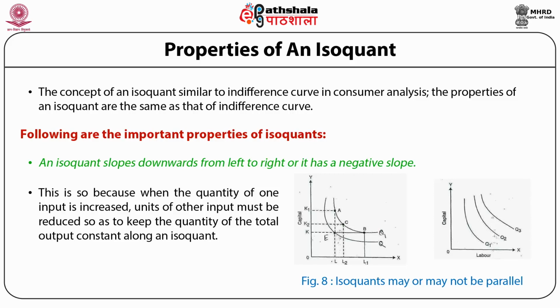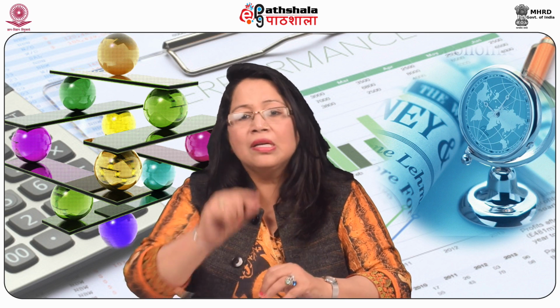Isoquants may or may not be parallel. Two isoquants cannot intersect each other. If they intersect, as shown in figure 9, it will mean that at the intersection point E, a given combination of two inputs will give two different levels of output, that is Q1 and Q2. But this is quite absurd.